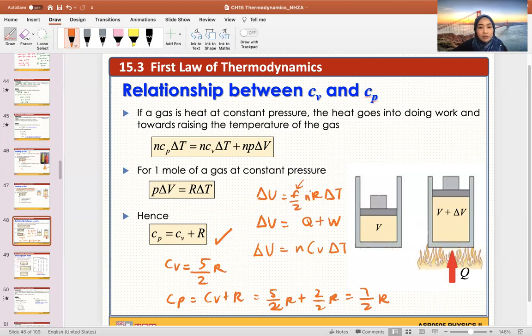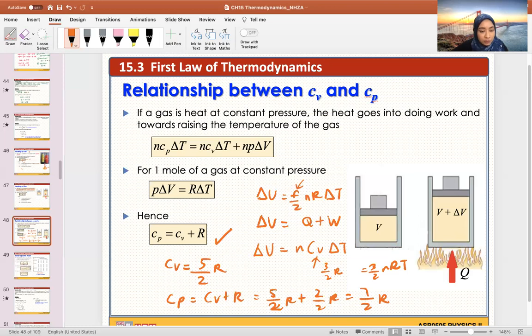For a monoatomic gas, f/2 is 3/2 and CV is 3/2R, so this is just 3/2 nR delta T, the same. If you don't like the nCV delta T equation, you can use the f/2 nR delta T equation. They're actually the same.